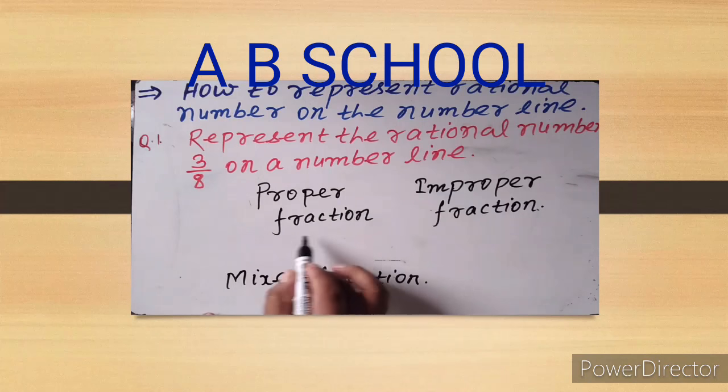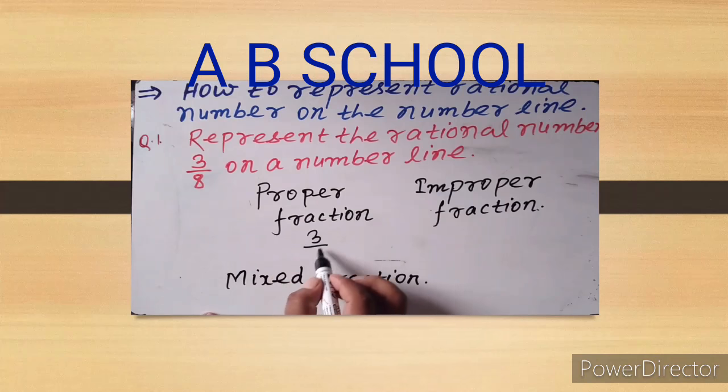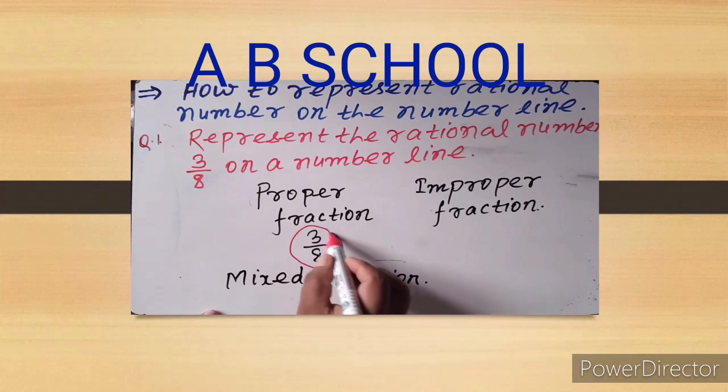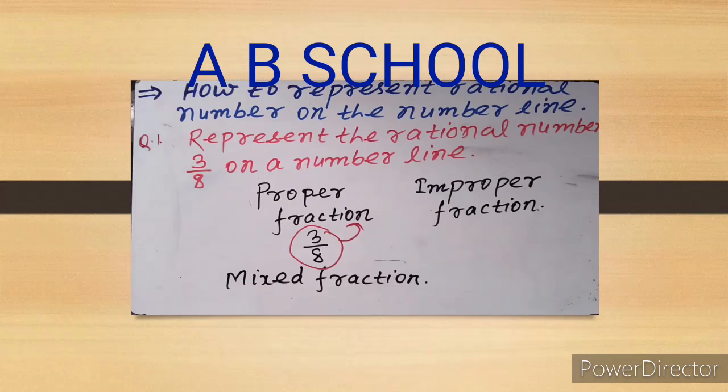So we have over here 3 by 8. If we look at this 3 by 8, what is this? This is a proper fraction. Why is it called a proper fraction? Whenever the numerator is less than the denominator, that is, when the numerator is smaller than the denominator.